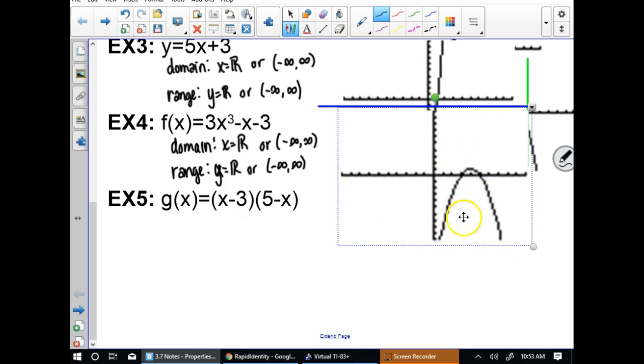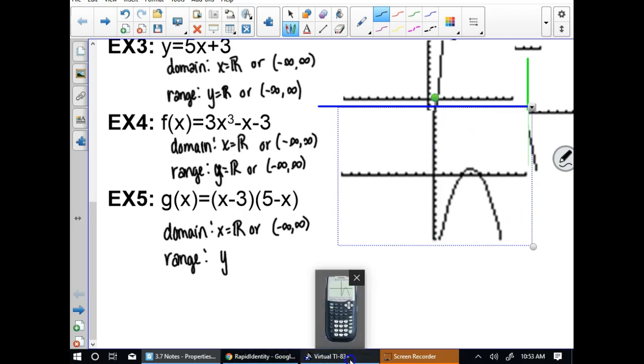All right, so for this, my domain is all real numbers, or negative infinity to infinity. Range, our range will be something different here. So for our range, we need that maximum point right there.